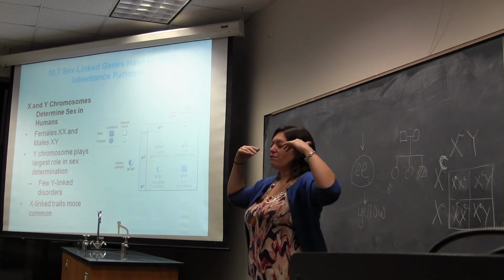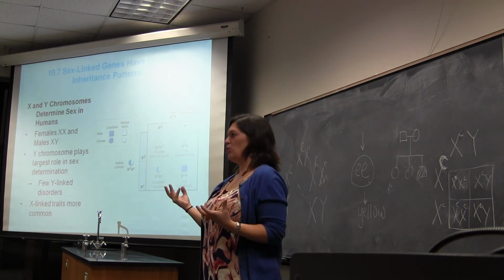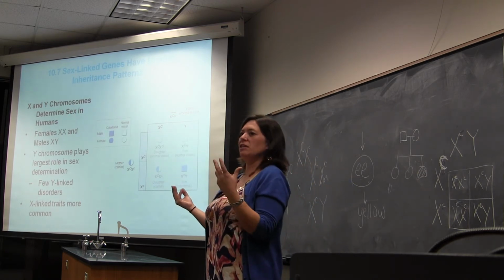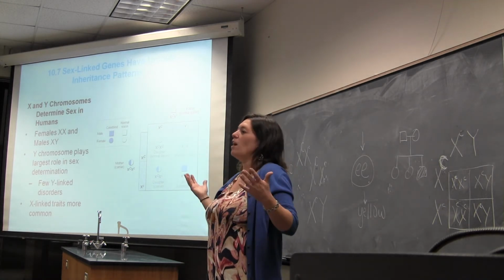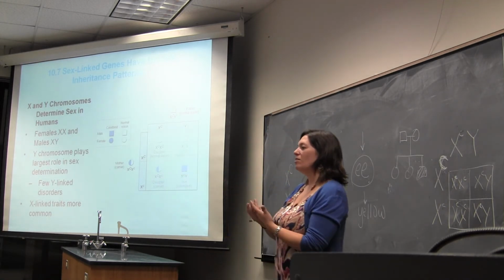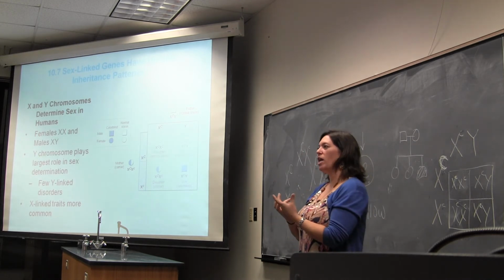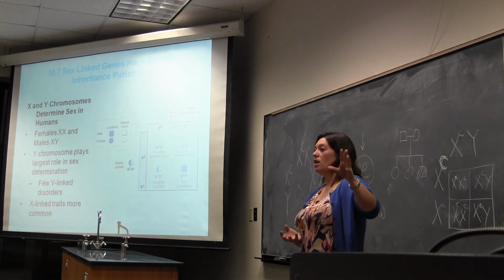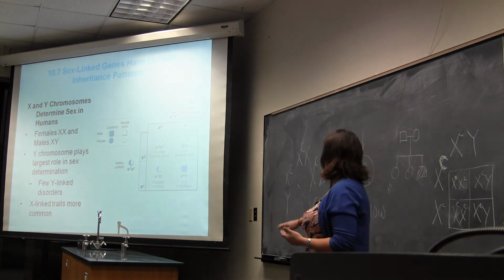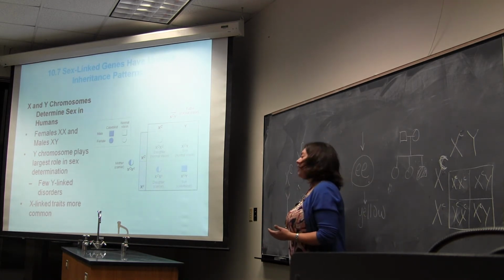So if you're a female and you inherit that mutant colorblind allele, but you get a normal copy from your father, then you're fine. But if you're a male and you're only getting that one X from your mother and she happens to be a carrier, then you're automatically going to be affected because you only have one X chromosome.